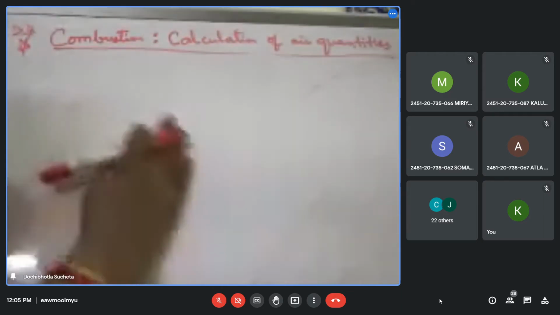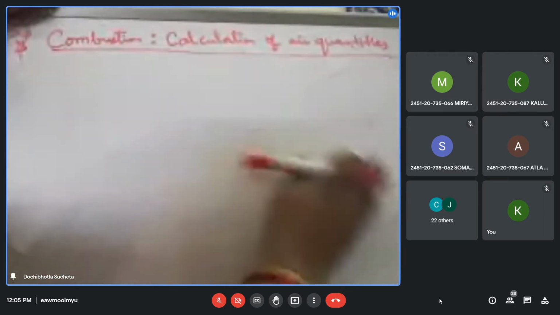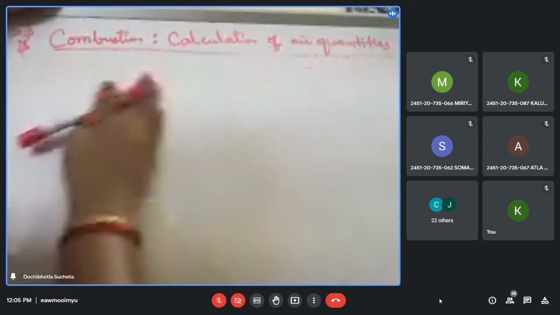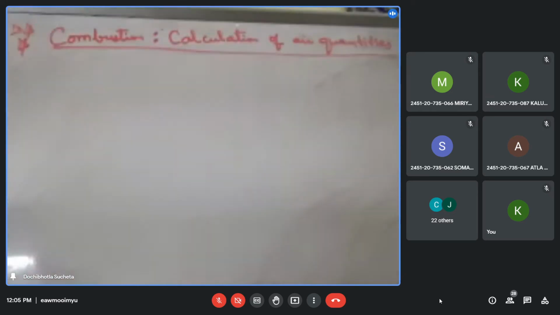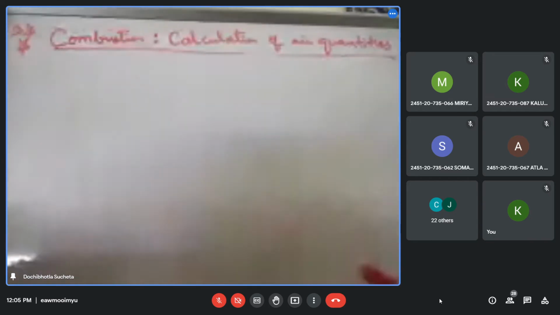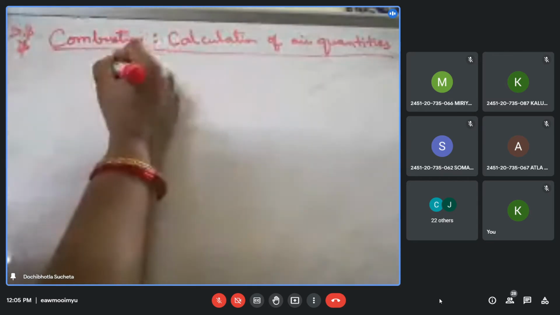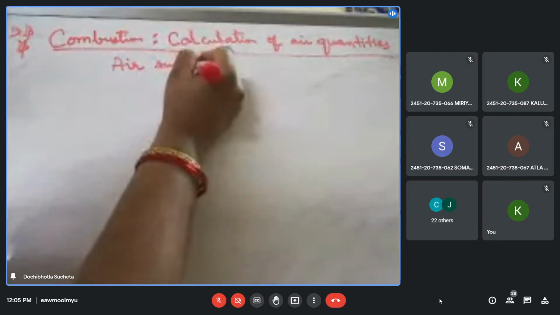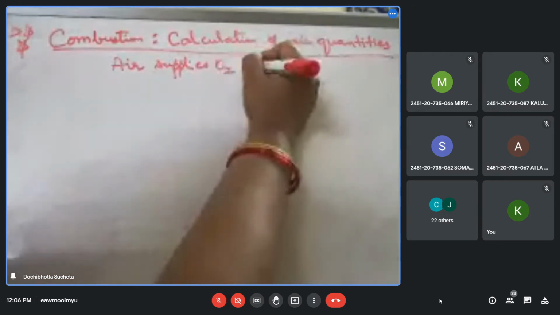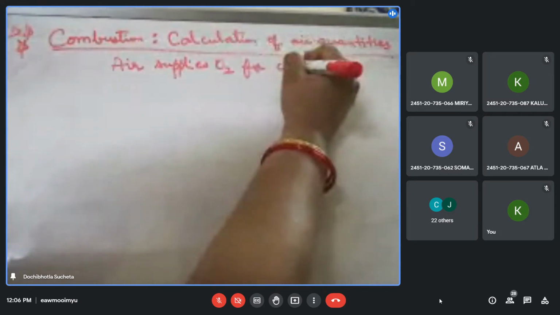Now, it is a general terminology. Whenever I spoke about combustion, I kept telling that it is burning the fuel in the presence of air, which supplies oxygen. So air supplies O2 for combustion. That's a known thing.